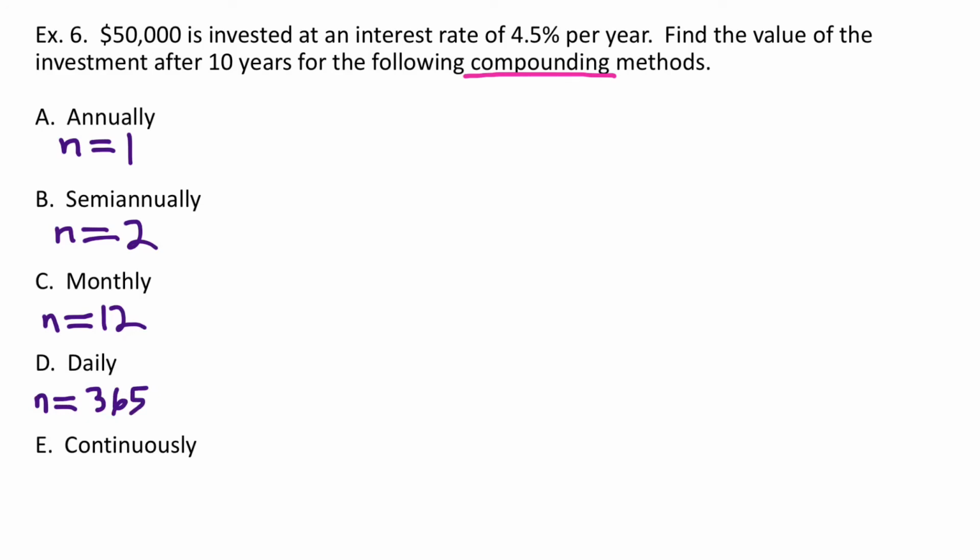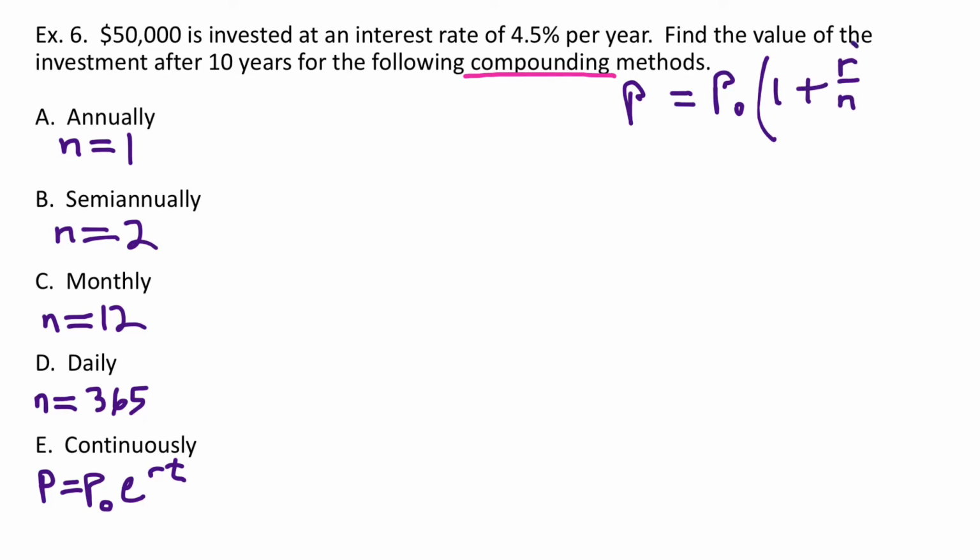Continuously means you'd have the function P is equal to P0 e raised to the rt. All right, so for the other ones, you're governed by the function P is equal to P0 times 1 plus the rate over the number of times, raised to the number of times times the number of years. All right, so this is our formula.